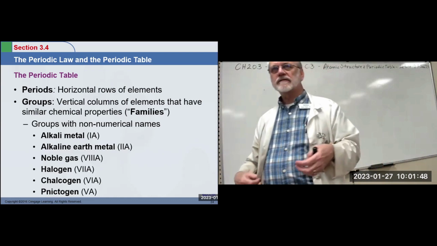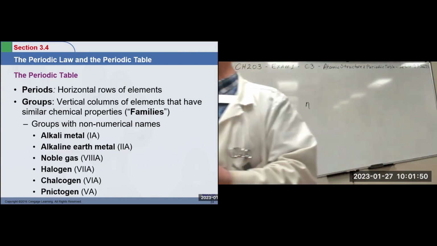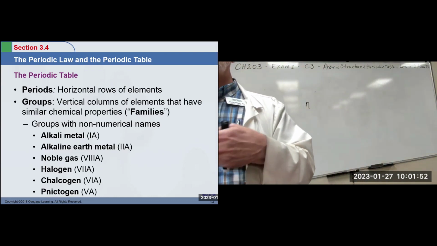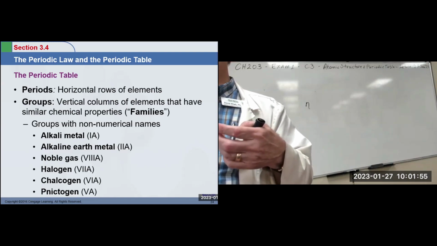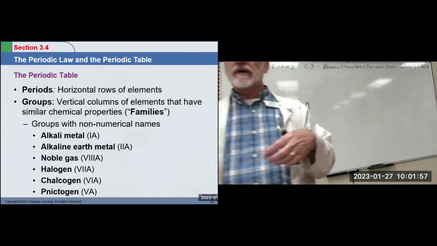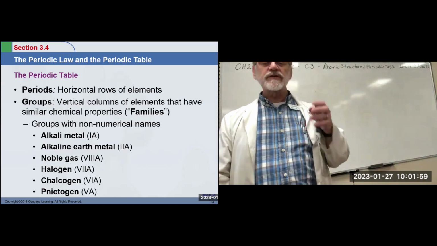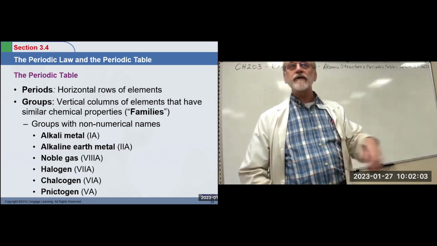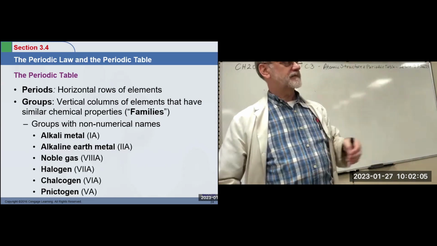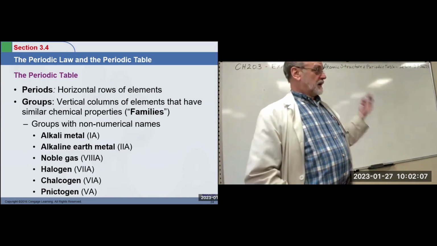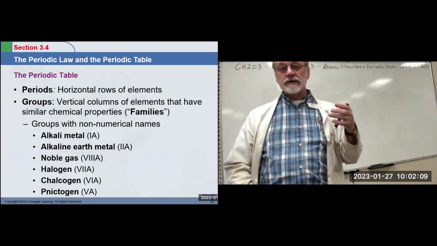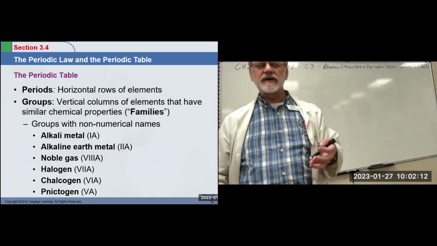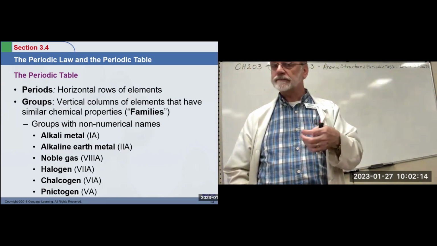And when you work on that extra credit, getting to know your periodic table, one of the things you have to do is identify these families. So the alkali metals are the very first column on the left. Lithium, sodium, potassium, rubidium, cesium, and francium. They're all alkali metals, and they all have similar behavior.